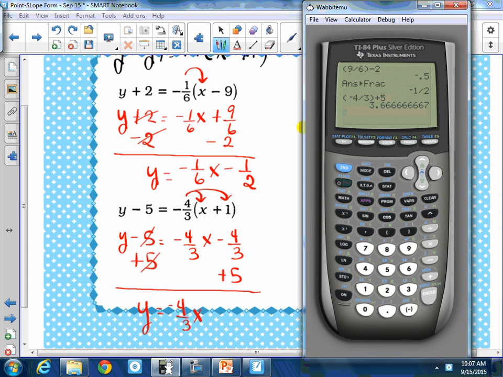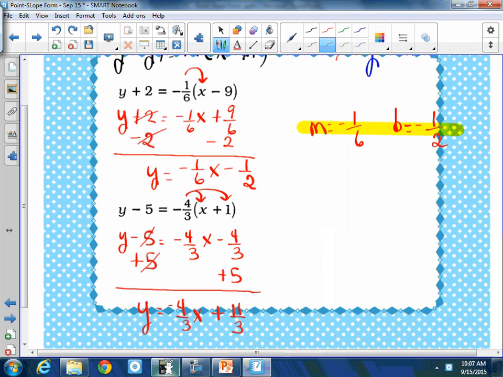It gives it to me as a fraction. Do not worry. Uh-oh, I have to do it again. -4/3 plus 5. So let's go back to math and change it to a fraction. And that would be 11/3. What's the slope of this line? -4/3. And what's the y-intercept of this line? 11/3.